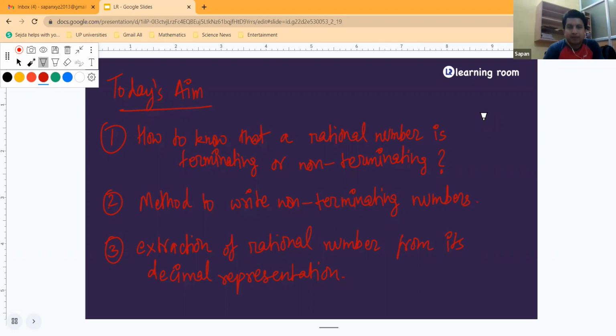Third, which is completely opposite, given a decimal representation of any number, how to extract the rational number from it. These 3 things we will be seeing today. Any questions before we start? No, sir. Okay.